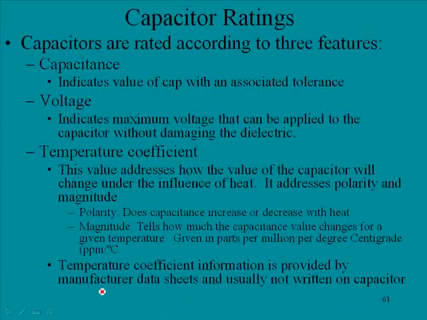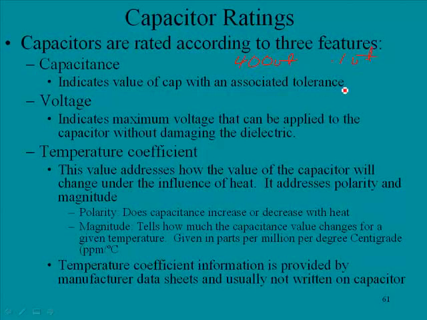Okay, capacitors are rated according to three features, and we're going to be looking at capacitance, voltage, and temperature coefficient. The first is capacitance, and this is where you would see it rated as 400 microfarad, or 0.1 microfarad, or whatever.